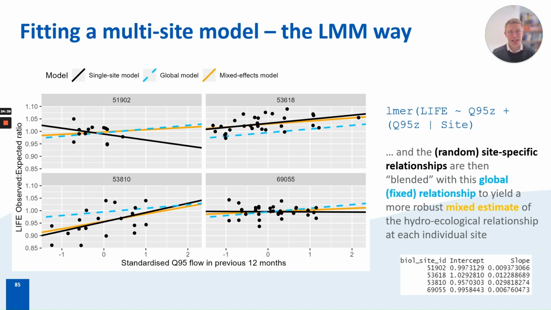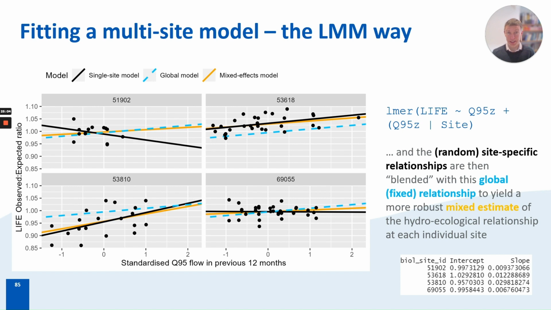This gives us a regression relationship for each site, which reflects both the data for that site, but also is influenced by the whole data set, if you like. The orange line, therefore, is what we call a mixed effects estimate. It's a blend of the global relationship and the site-specific relationship.